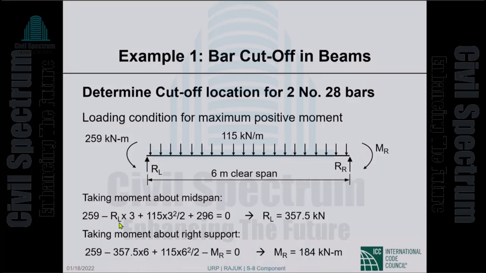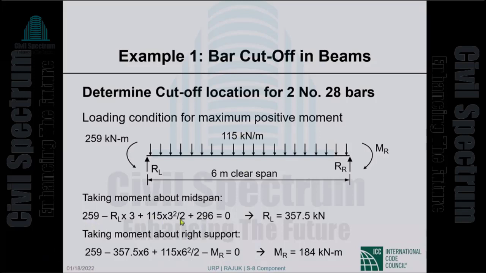So this is negative. And then 115 kilonewton per meter over 3 meters of span will cause a moment of so much, which is also counterclockwise. So it is positive.